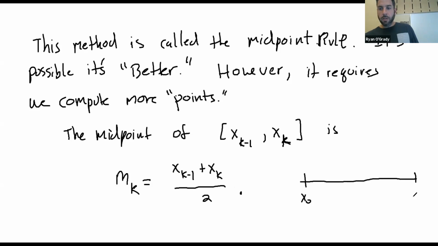This is x sub 0, this is x sub n, and x sub 0 is a, and x sub n is b. And so then you have your x sub 1, you have your x sub 2, and then, for example, we would call this point in here your m sub 1, and this your m sub 2. Does that make sense? So we still have to do more work.